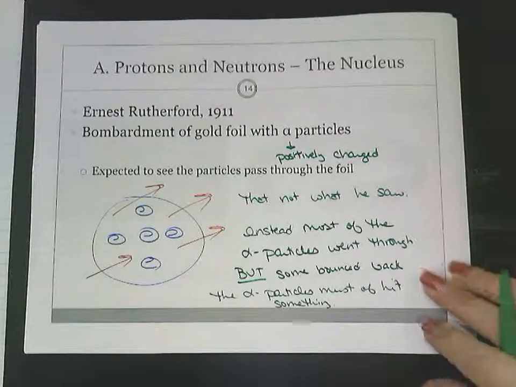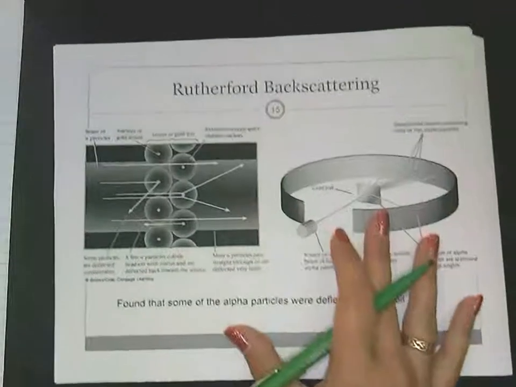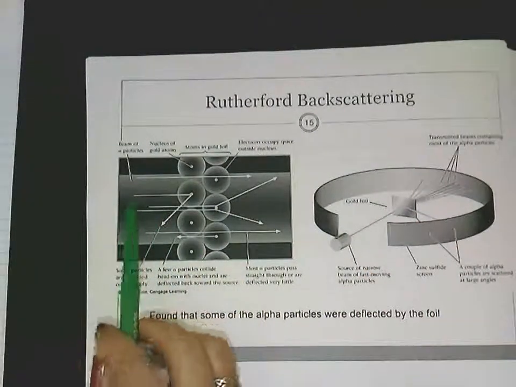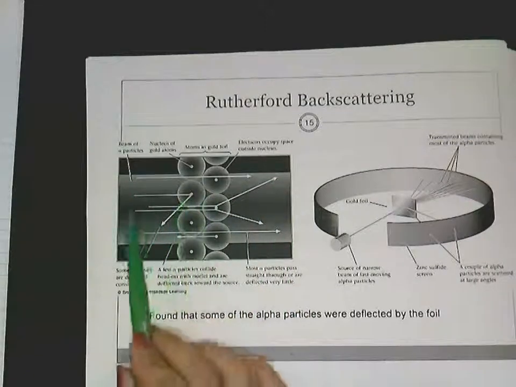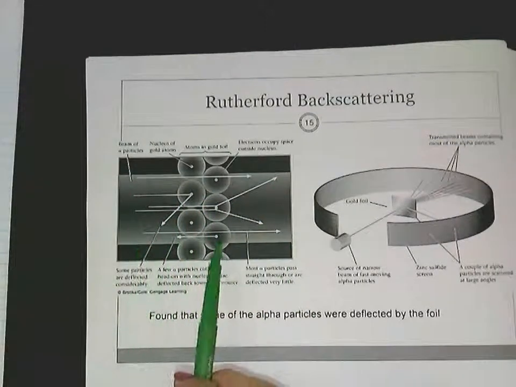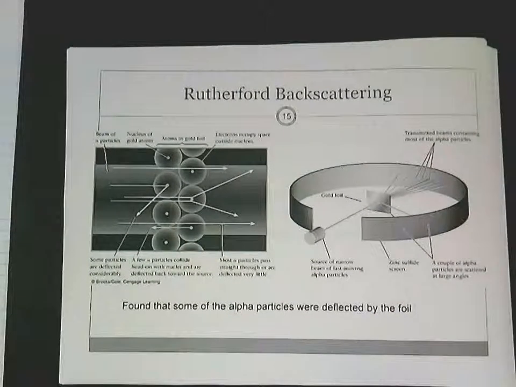And so Rutherford determined that this is my beam of alpha particles, right? This one zips through, that one zips through. This one comes back, this one gets deflected, this one comes straight back, which means there must be a hard center to an atom.